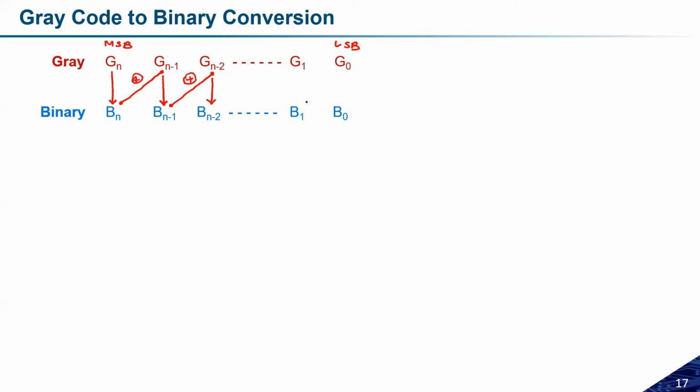So for B0, I have to XOR B1 and G0, and the result will be B0. This is how we can do that.